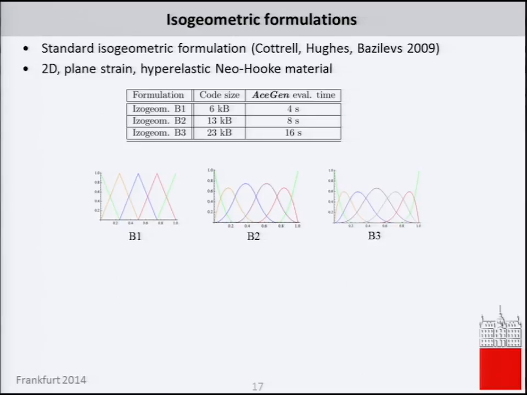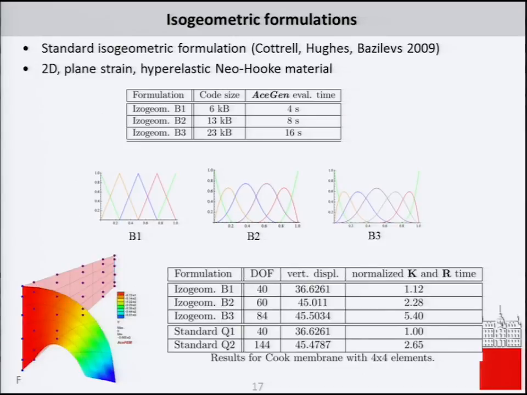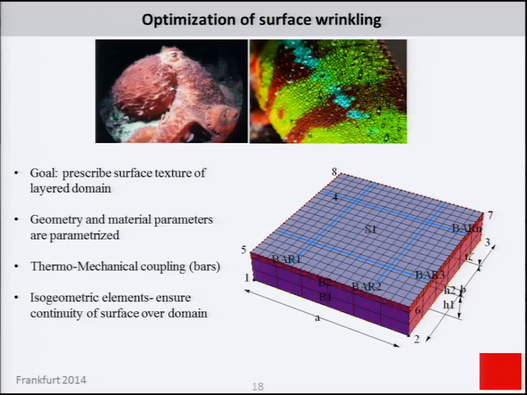Okay, but even in that case, it's interesting that the code optimization for isogeometric elements gives the same efficiency as for simple elements. It was quite a surprising fact for the people working on isogeometric formulations. And this isogeometric formulation was used at the end to optimize one problem.